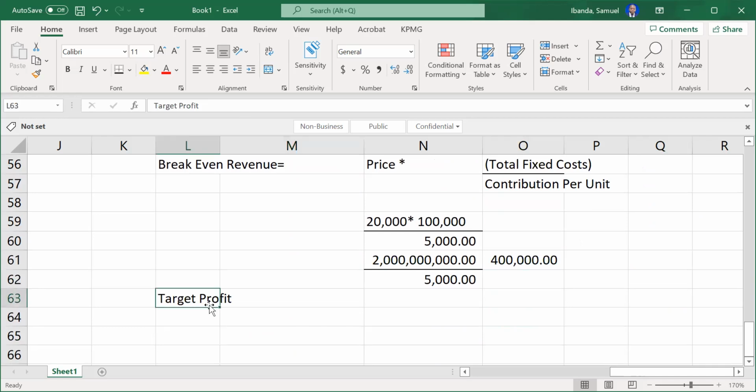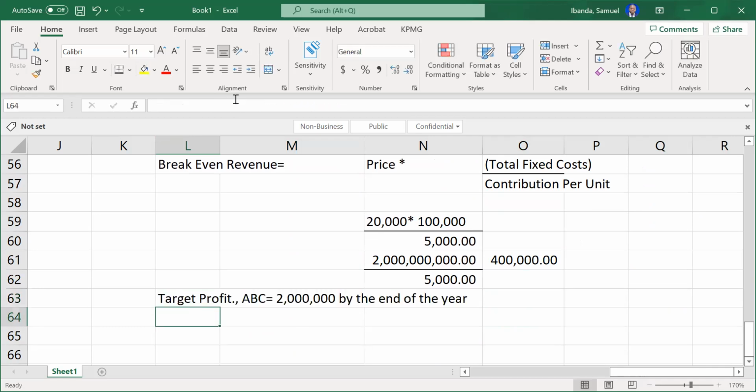So back to what I was saying, an organization can have a target profit. For example, ABC can say that they want to earn 2 million by the end of the year.